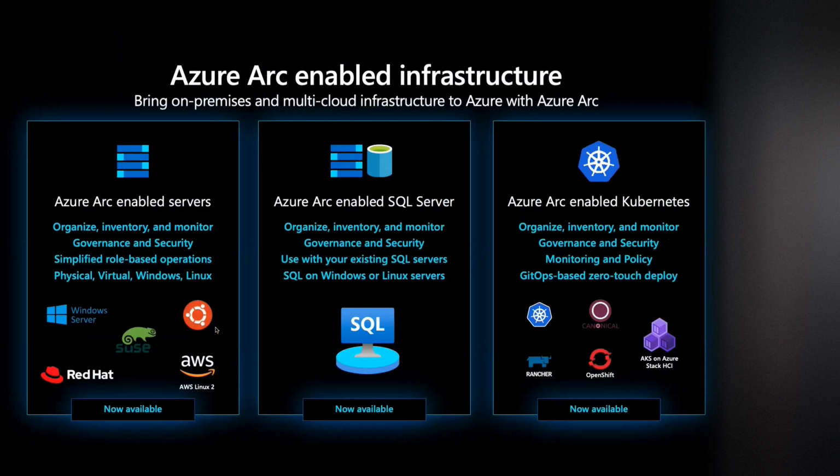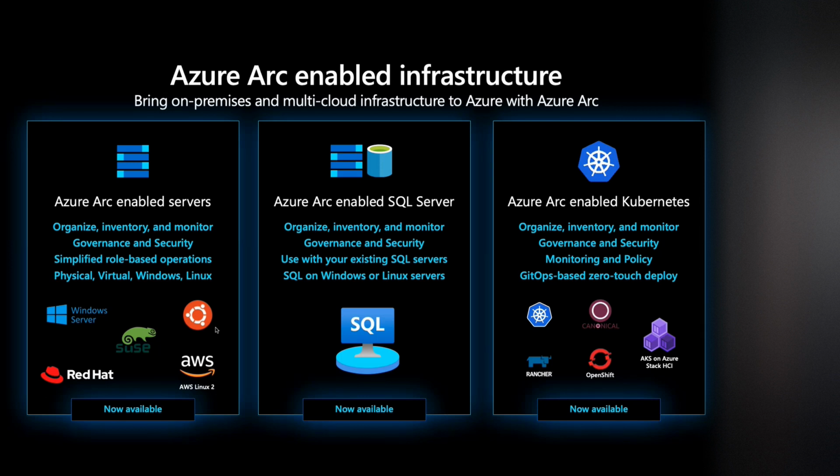So that's what Azure Arc is trying to do as a whole, trying to connect the things that are running in on-prem or in other clouds and project them into Azure Resource Manager so that Azure is aware of them.